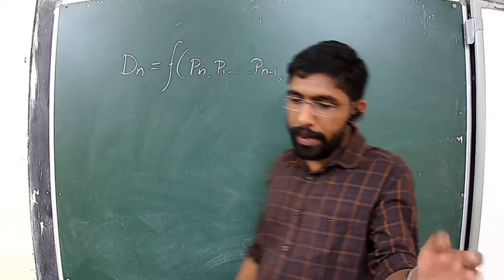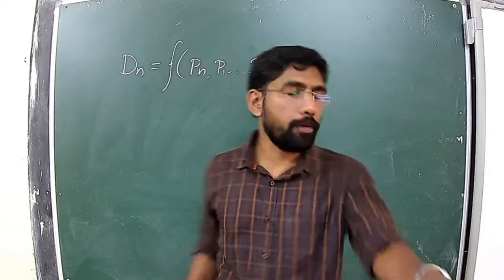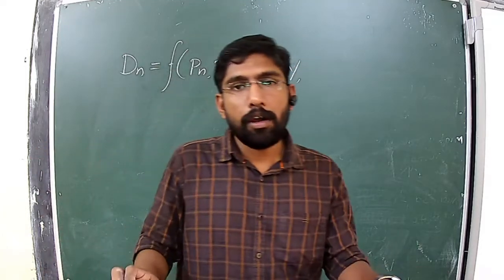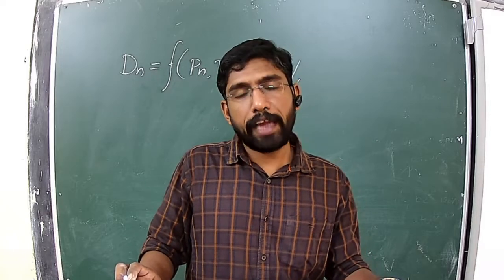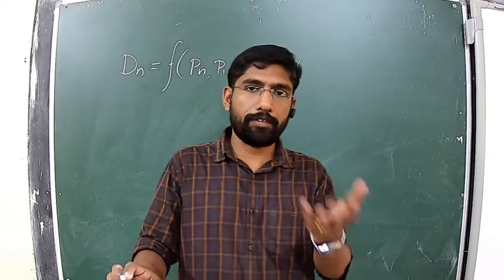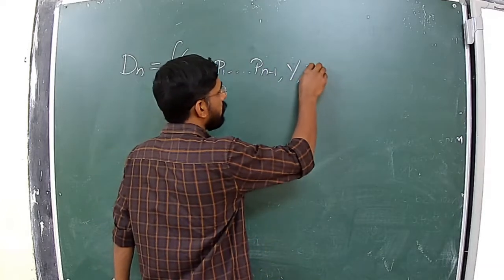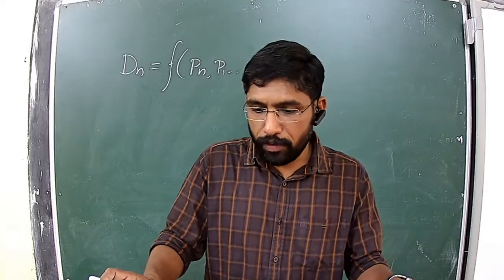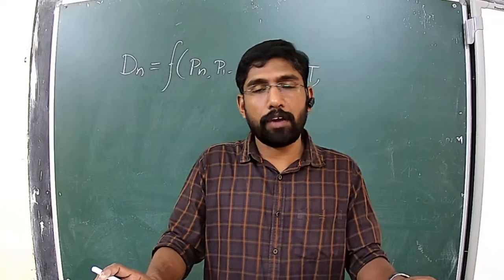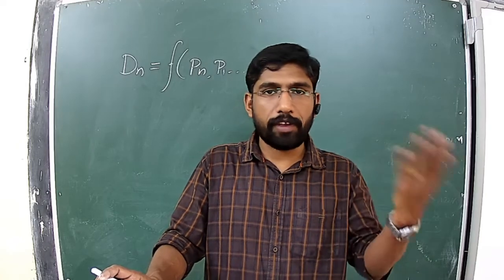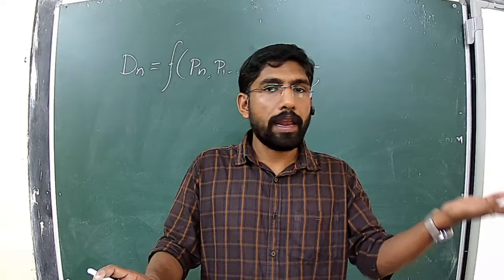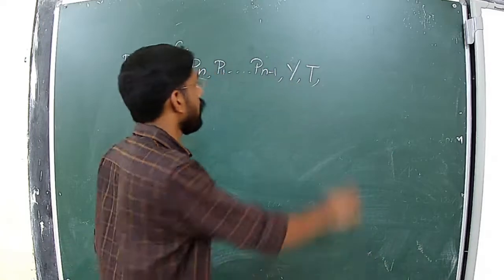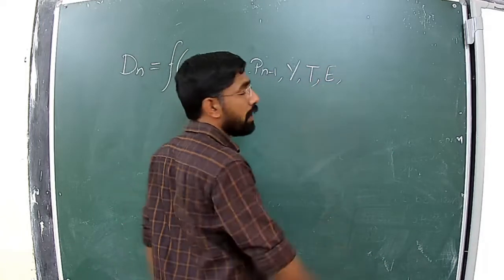Then the next one is the income of the consumer, indicated by Y. Then taste and preferences of the consumer, indicated by T. Then the next one is expectations of the consumer, the future expectation about an increase in the price, a price hike or a decrease in the price, whatever it be.